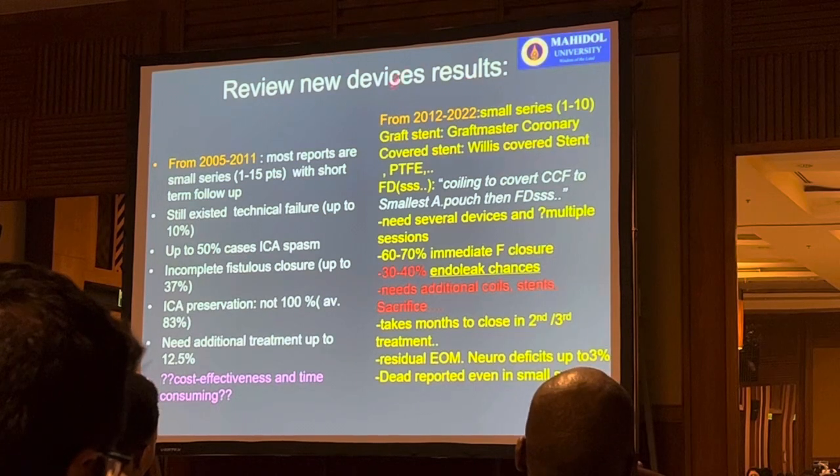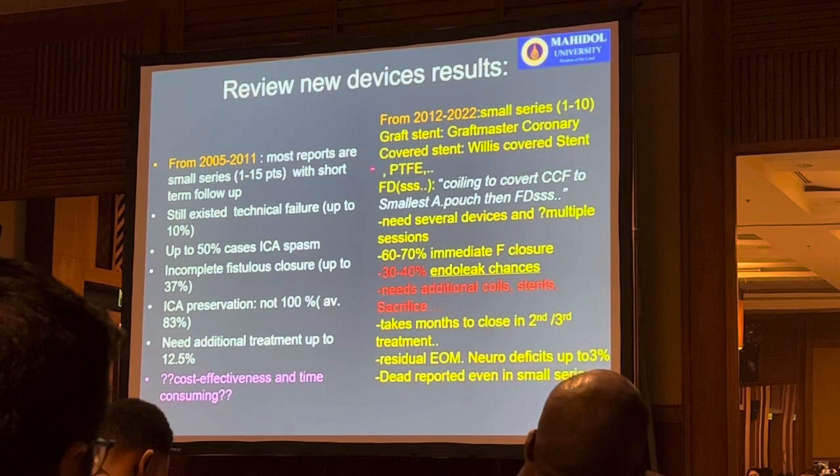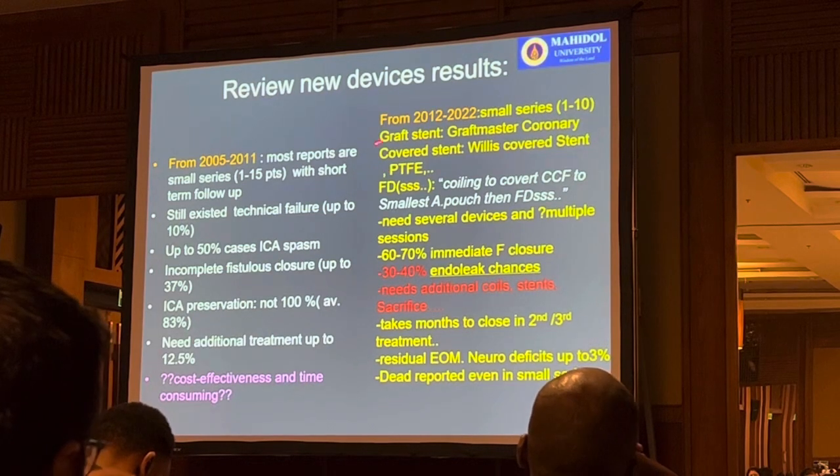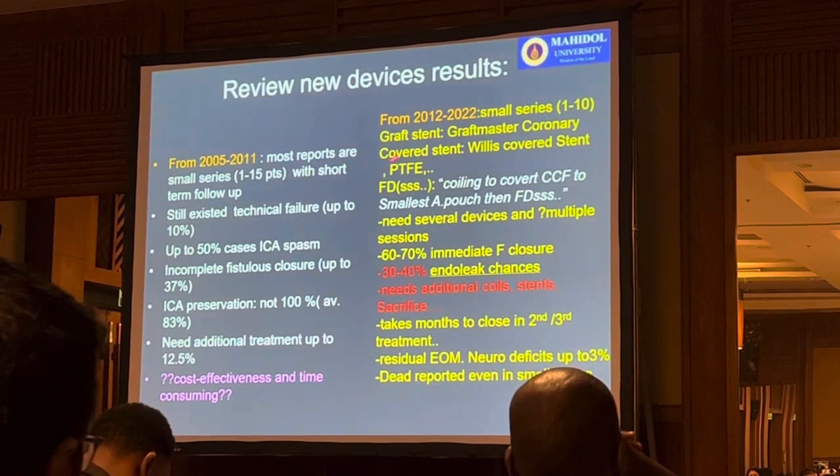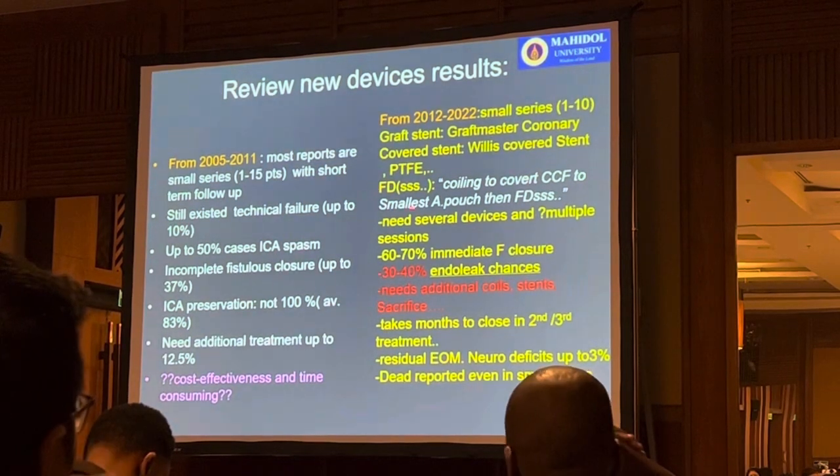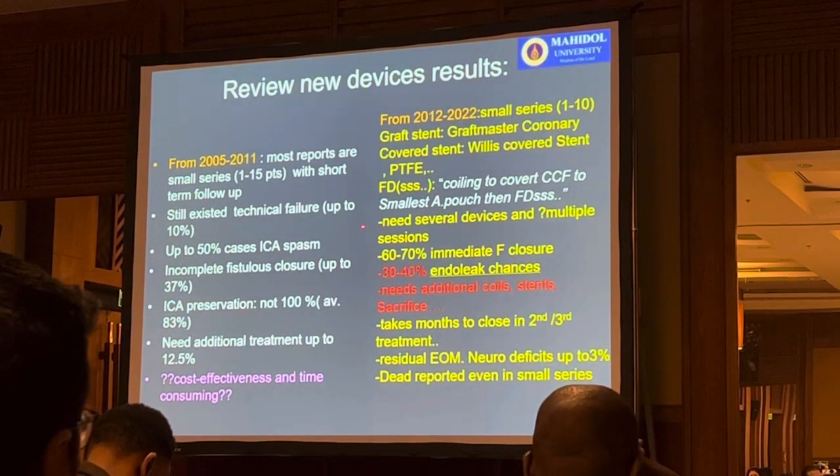I was looking for the latest version of the publications. They have mentioned a lot of types of stent, from graft stent, covered stent, some from the coronary ones, and flow diverters. They still need several devices with multiple sessions. It is published like it.